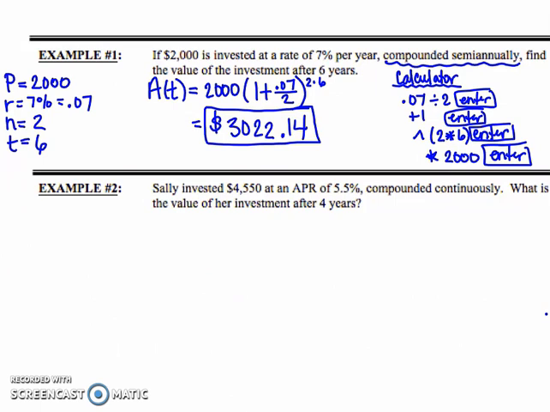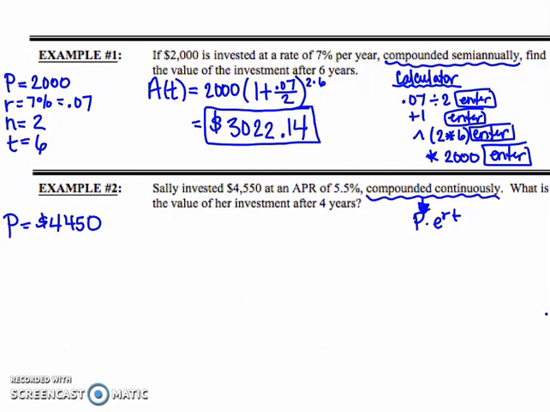Our second example here is compounded continuously. So that tells us that we're going to use the PERT formula because we are doing continuous compounding on this one. We're still going to write down the information that we know. Sally invested $4,450, so that's our P, at an APR of 5.5%, annual percentage rate.